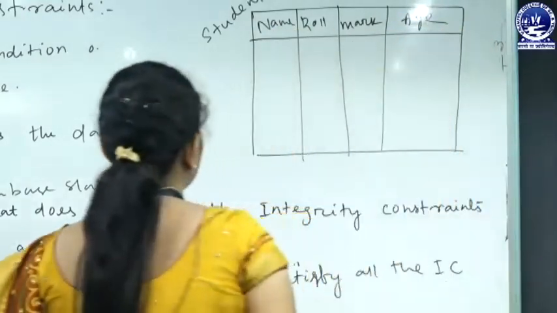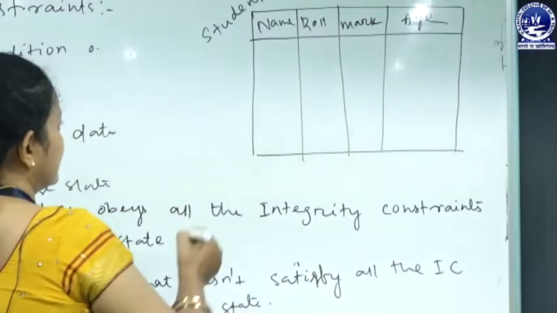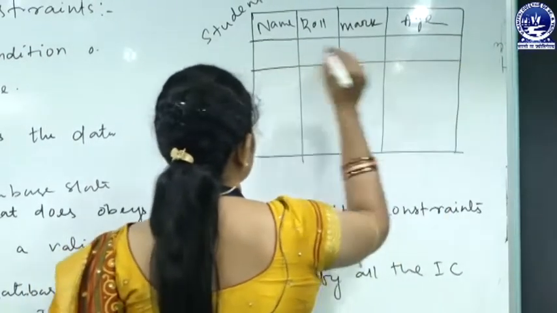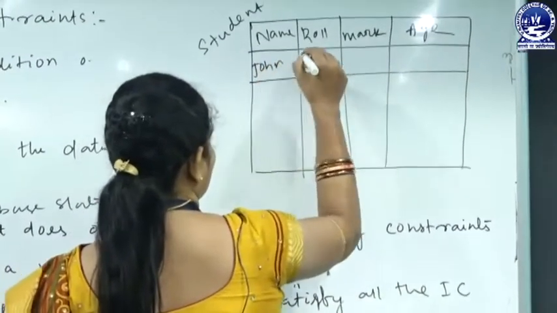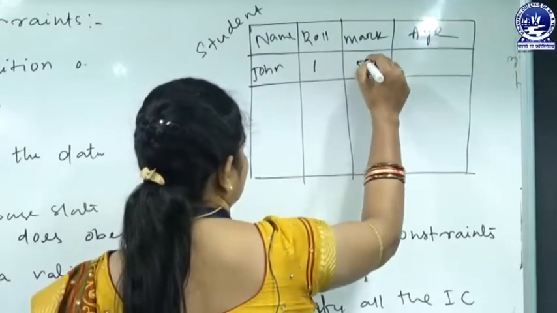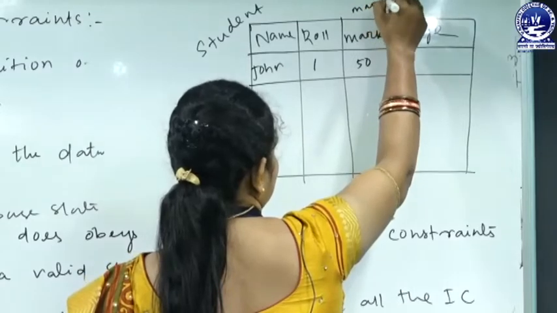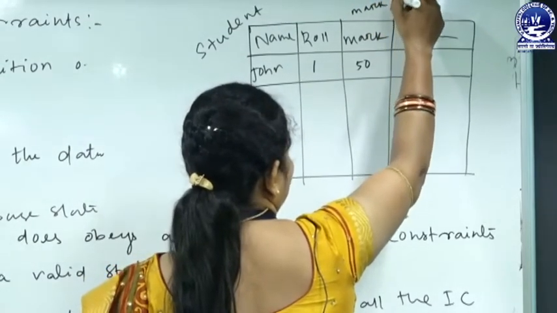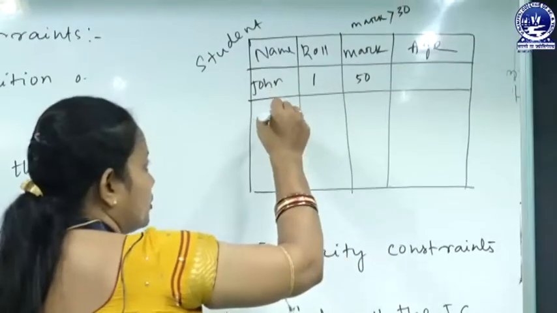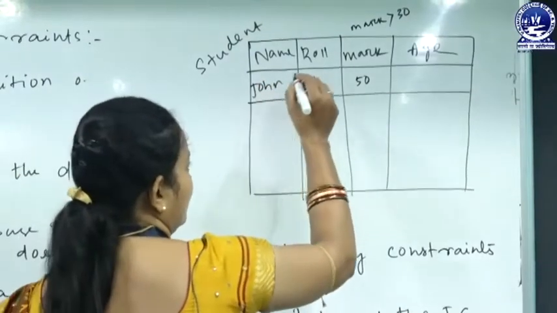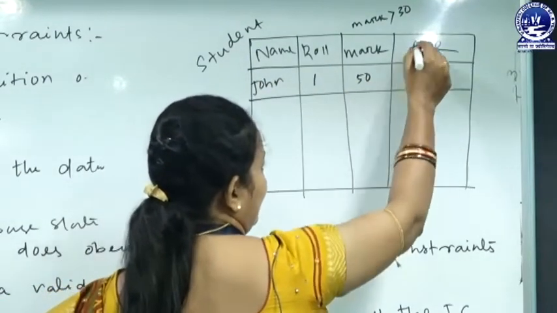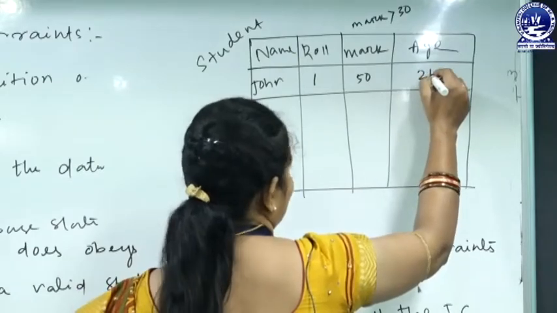When we input a tuple in the student relation, suppose the name of the student is John, roll is 1, mark is 50. Suppose there is a constraint or condition that mark should be greater than 30. If I put the tuple value as John, 1, mark is 50 and age is suppose 21.